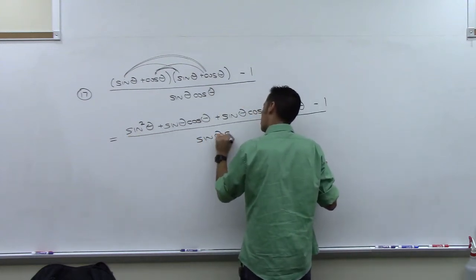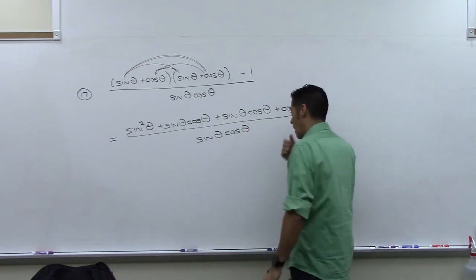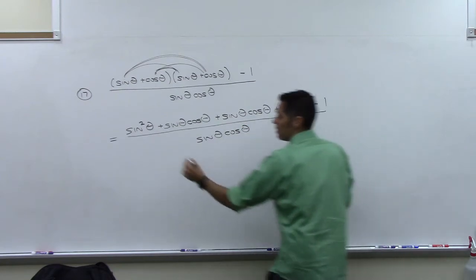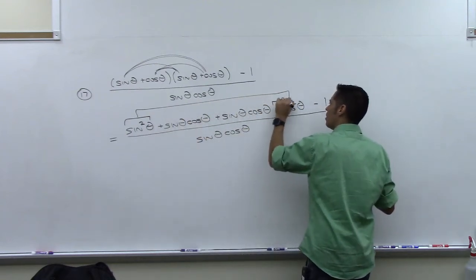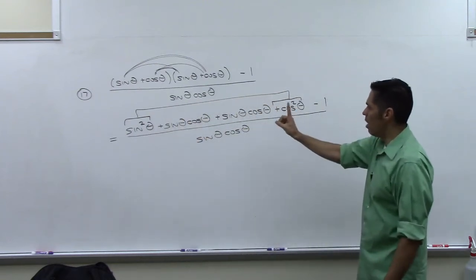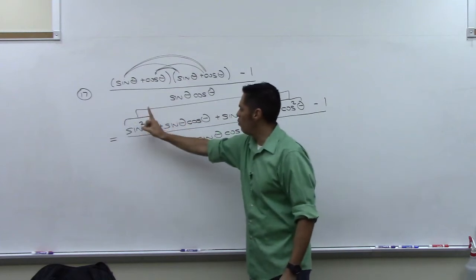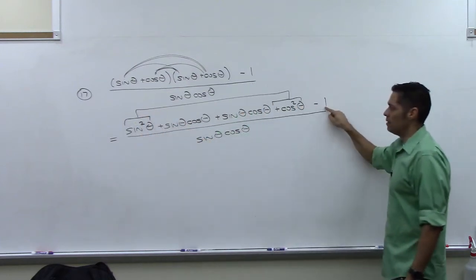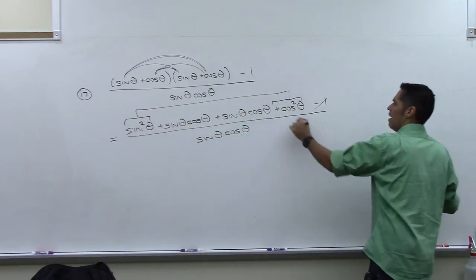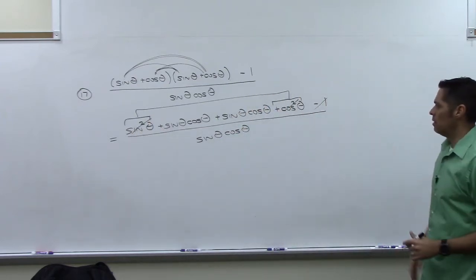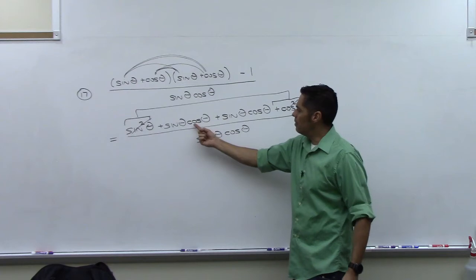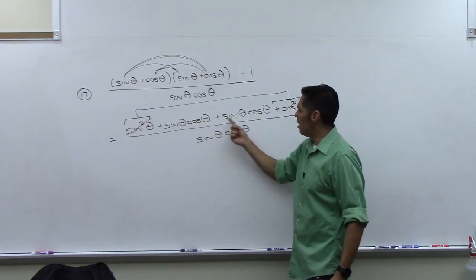sine theta, cosine theta. All right, now I see right here I've got sine squared theta, and then here I've got plus cosine squared theta. I know that that's a 1. This and this together is 1. But then I'm subtracting 1. So basically that and that are all gone. Okay, that's 1 minus 1. And notice here I have sine theta, cosine theta, plus sine theta, cosine theta.